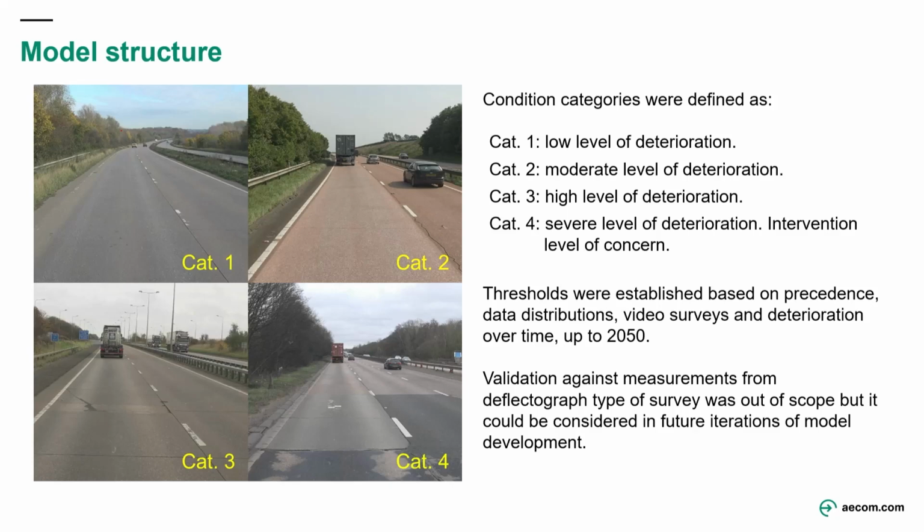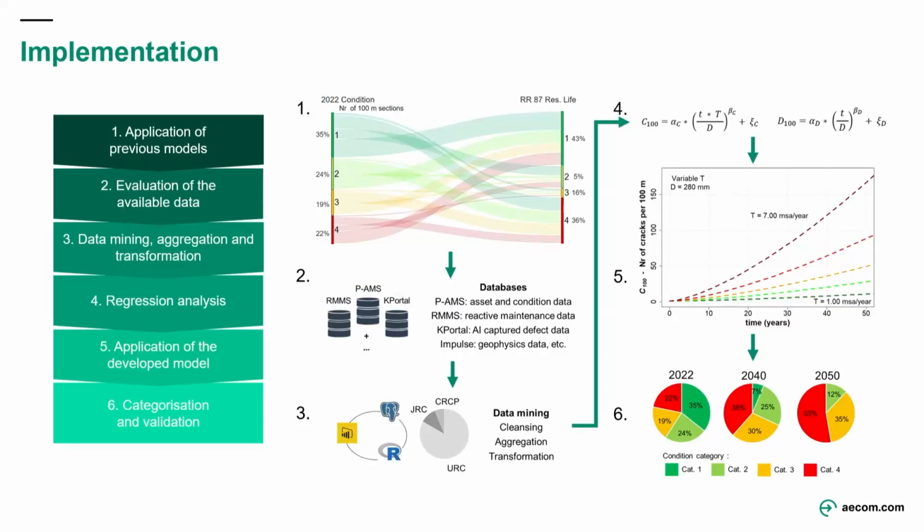We also wanted to make sure that the results we were obtaining in the long term were making sense from an engineering perspective. We haven't used deflectograph type of data in our model, but perhaps it's something that we could explore in future iterations.